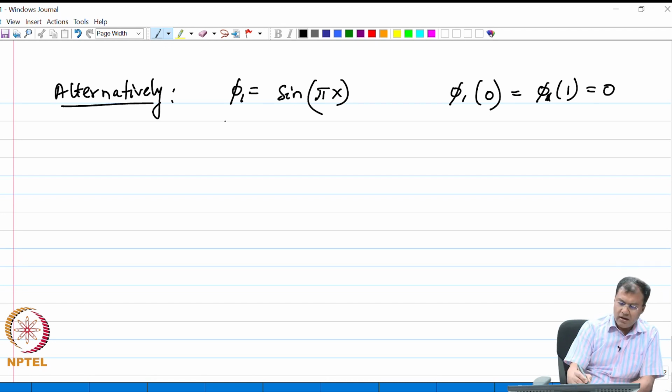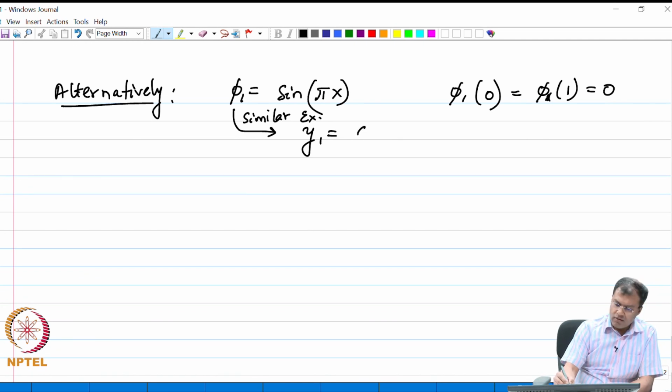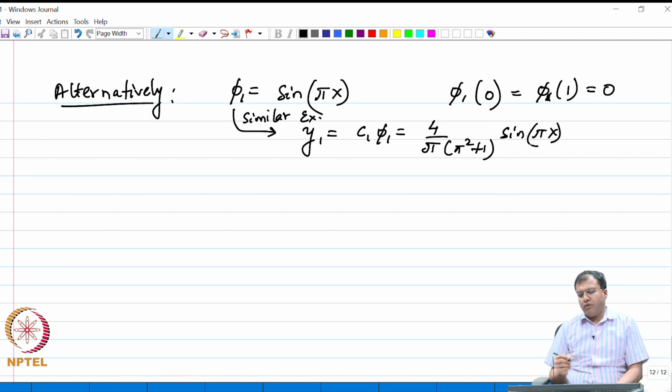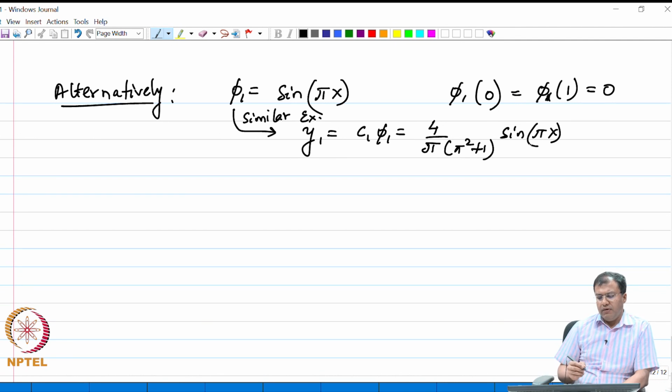A similar exercise of finding the approximate solution leads us to y 1 equal to C 1 phi 1, which comes out to be 4 by pi times (pi square plus 1) times sin pi x. So we use the Ritz method and the solution comes out to be the following.